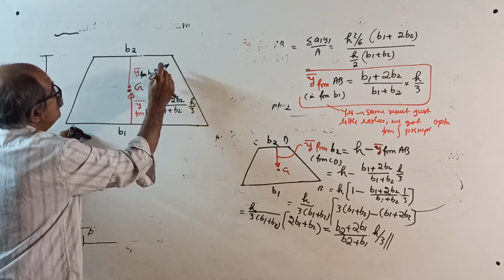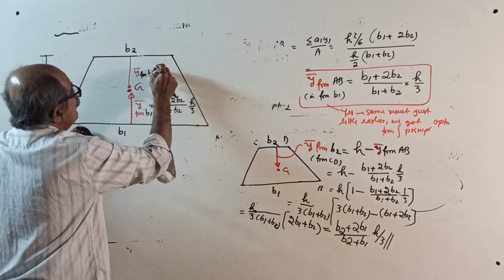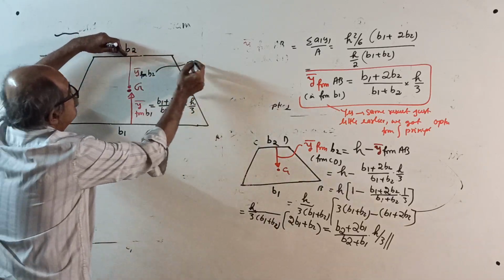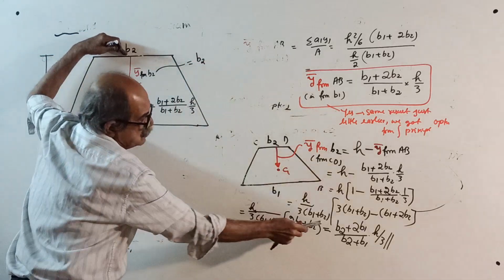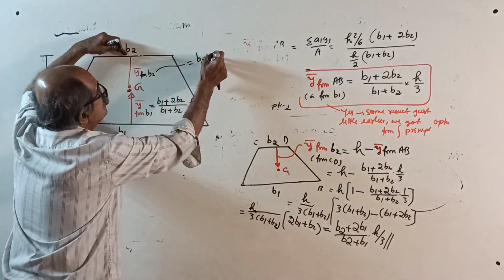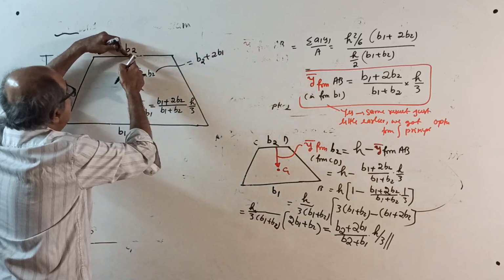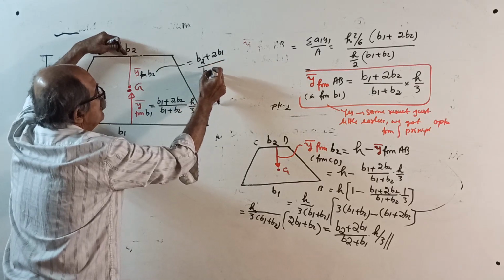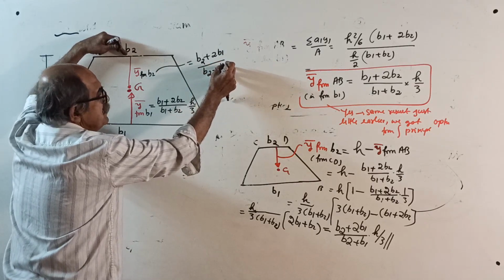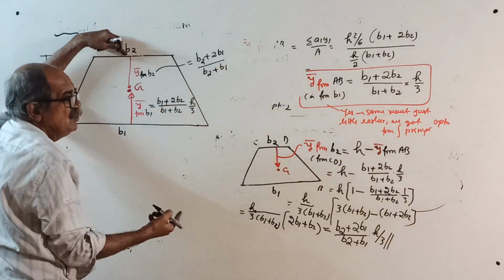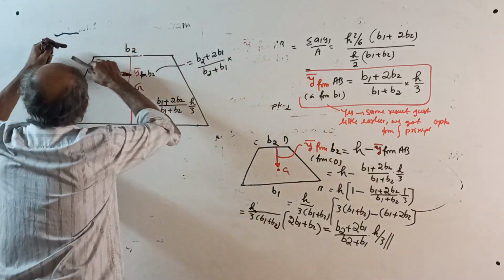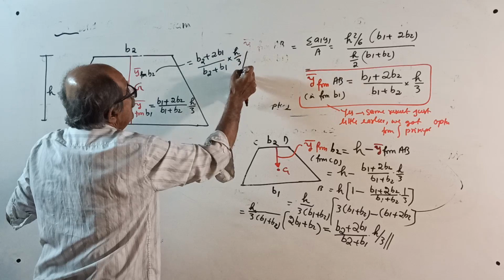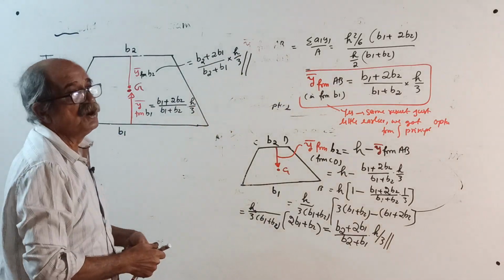If you want from the other side, start with this side first: B2 plus 2 times B1, divided by the sum of the parallel sides, B2 plus B1, into the distance between the parallel sides, H divided by 3. That is our final result we got today.